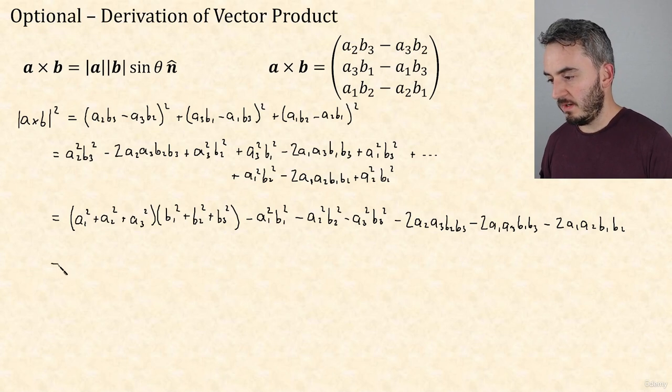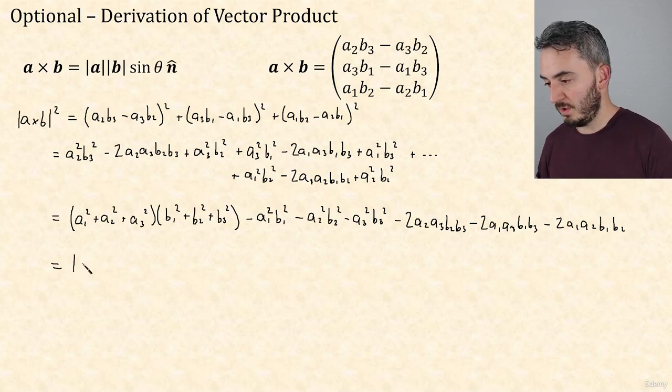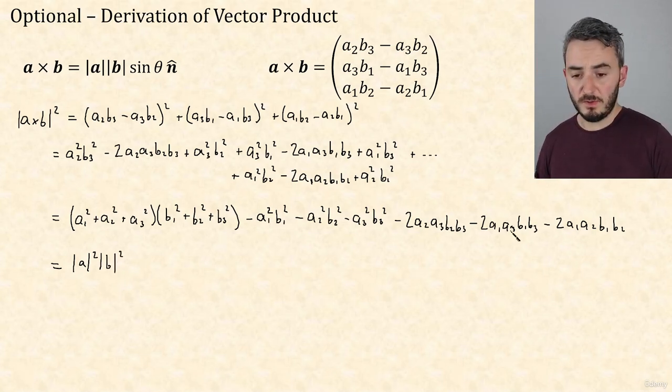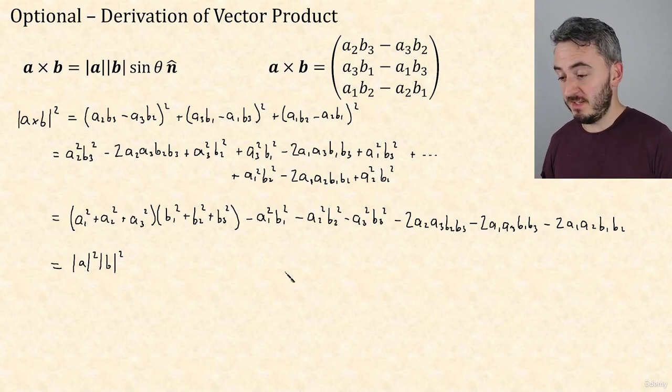Okay, we're getting there. So what is this? Well, look, A1 squared plus A2 squared plus A3 squared. That is just the modulus of A squared. So that's good. So I've got the modulus of A squared and I've got the modulus of B squared. Okay, now what about all of the rest of this? Well, turns out that does factorize. This is a difficult one to spot, so do not feel bad if you didn't spot this.